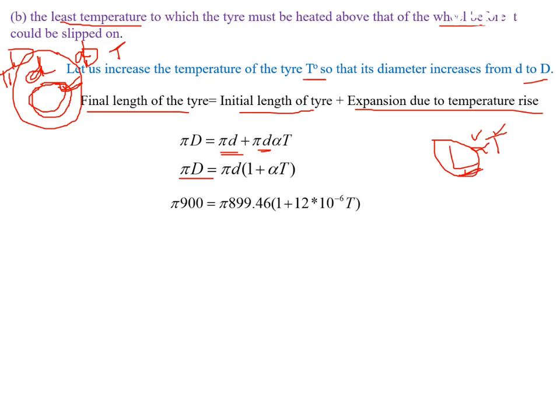Here we know capital D, the wheel diameter, is 900, and small d, the tire diameter we determined from the previous part, is 899.46, which we substitute here.